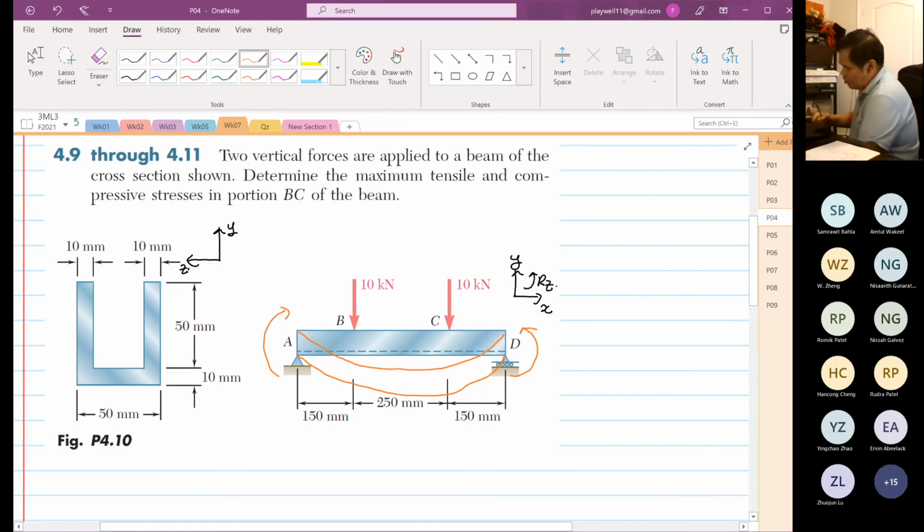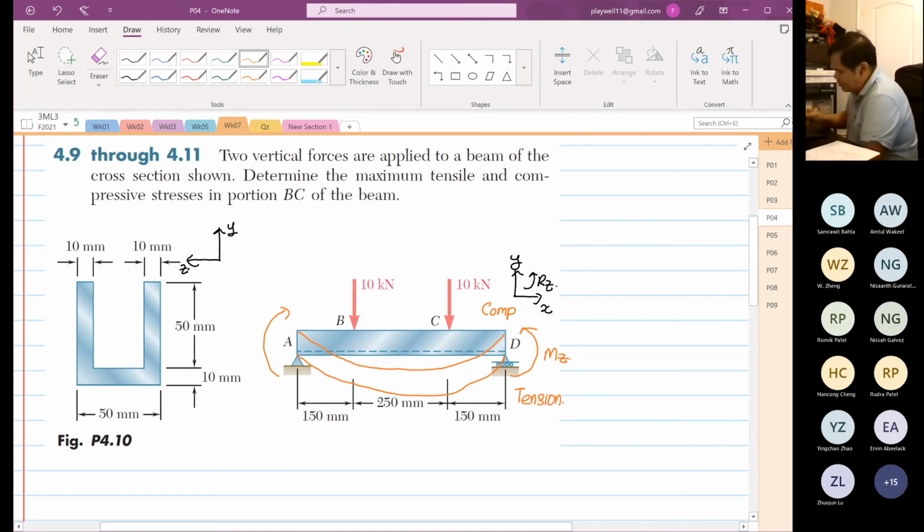So now you already know which is the tension and which is the compression. On top is our compression. This is our moment in Z direction. All right, we know that already. So this is compression, and over here is tensile, or tension.